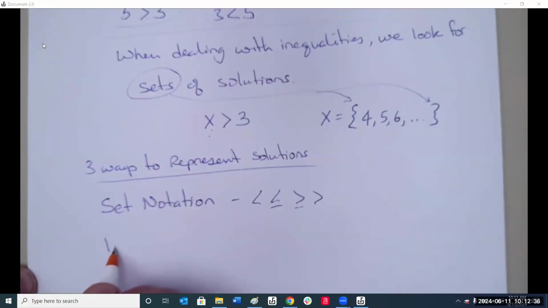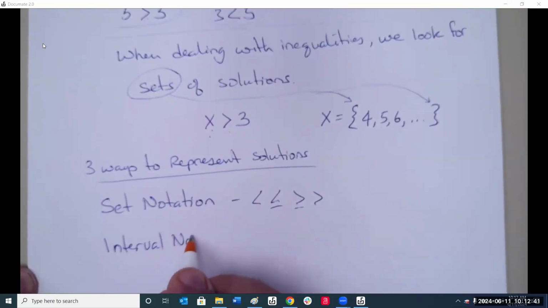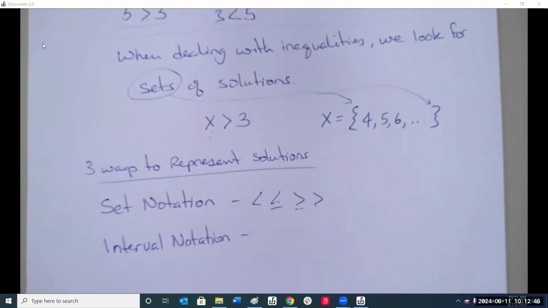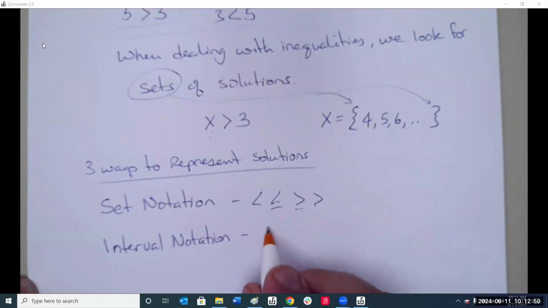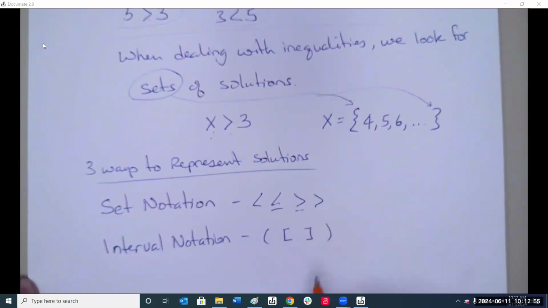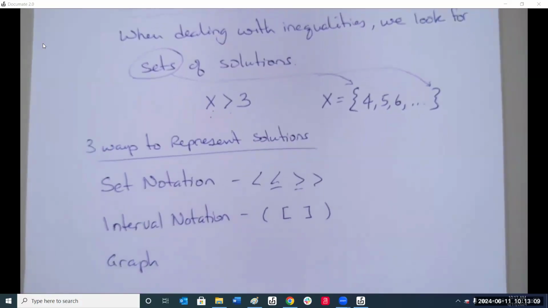The next one we do is called interval notation. With intervals, we use parentheses and brackets. And the last way is by graphs.